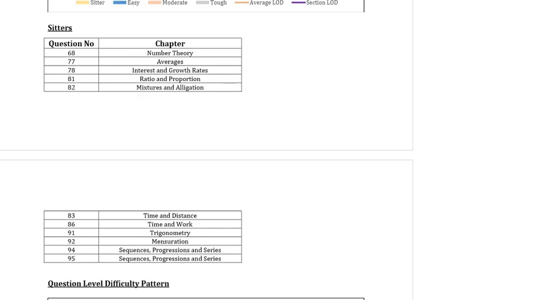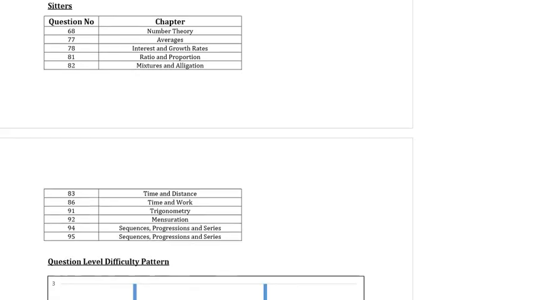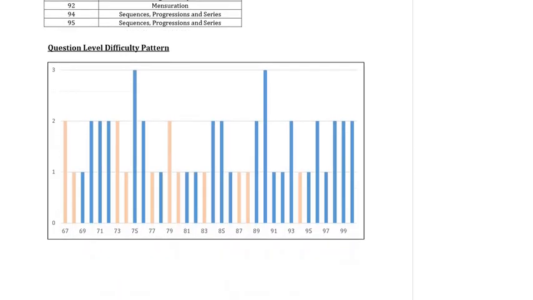If you skipped the question, was it because you did not see it, or was it because you were unable to solve it due to whatever reason? This will help you analyze your mistakes much better and arrive at better conclusions to increase your marks for the next mock. Finally, we move on to the last graph of this analysis.